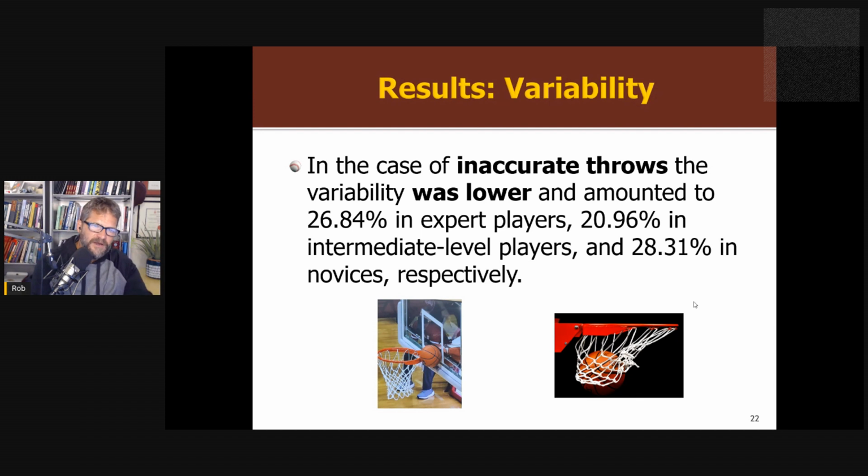What your muscles are doing varies from shot to shot and between performers, and the higher that is, obviously up to a limit, the better, not the worse. So this is really not consistent with the traditional view that variability is noise.